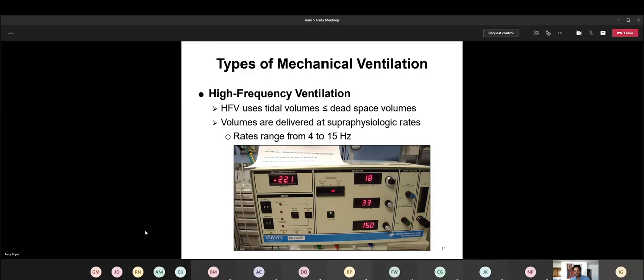You already see the problem with that. The 20 that you're delivering is not going to do any kind of gas exchange whatsoever because your dead space volume is 50. So with this machine, we're going to have to look at how it really is set up so that the baby still will be ventilated, even though the volumes being delivered are so tiny.